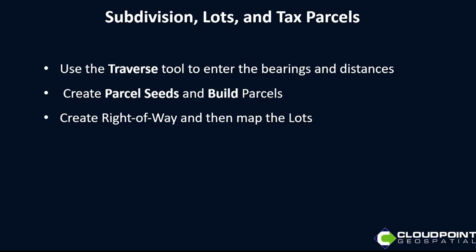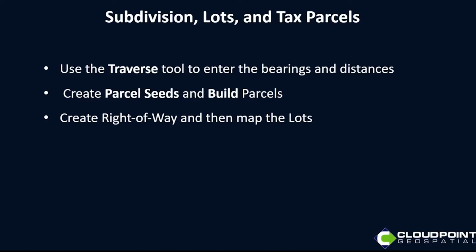So you can enter in your bearings and distances for lot lines, radius and arc length for curves, depending on what your subdivision plat contains. You can then divide your lines, enter in your points off the right of way onto the subdivision boundary, and then draw in your lot lines.